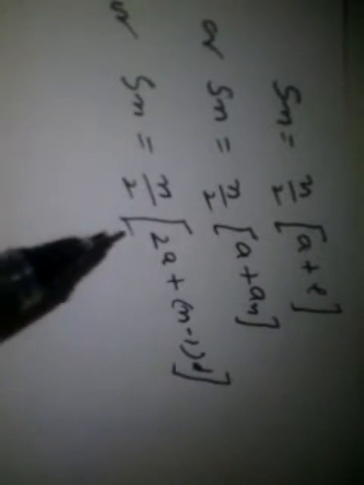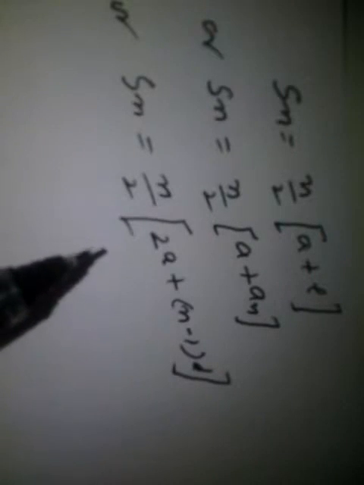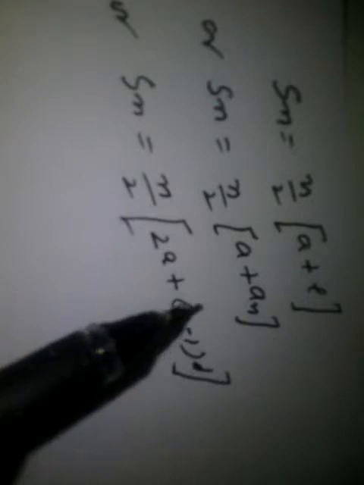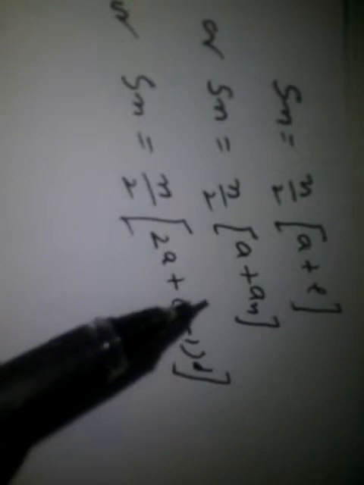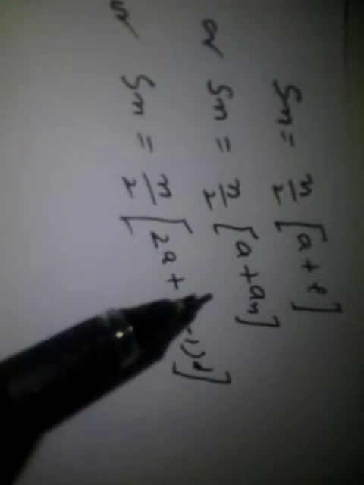Or Sn is equal to n by 2, which we are normally using, this formula, is equal to 2a plus n minus 1 d. This is also derived from the above formula, because an is equal to a plus n minus 1 d. So we have put the value of an here.